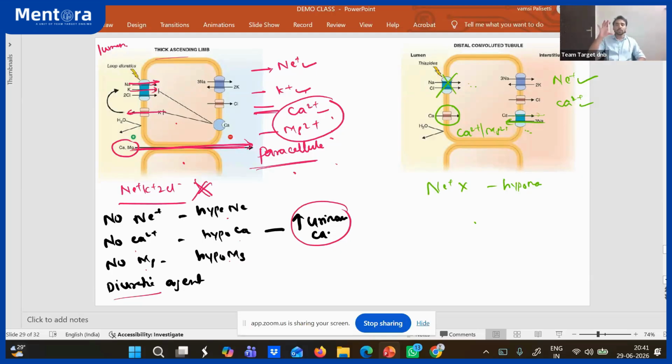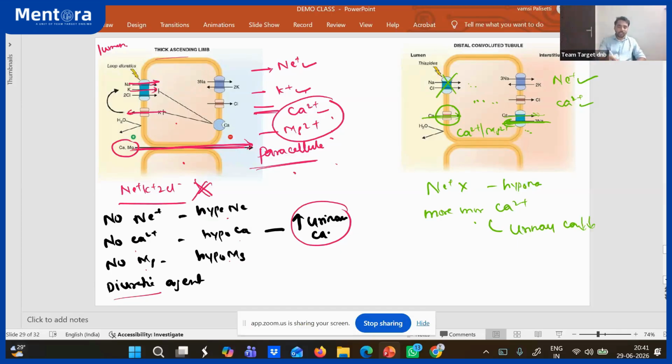So whenever there is no sodium absorption, the cell requires sodium for survival, so it will take sodium from the interstitium. In return, it will take the calcium out from the cell into the interstitium. So it will create a lacking of calcium in the cell. It helps in absorption of calcium into the cell. So there is more and more calcium absorption. Because there is more and more calcium absorption, your urinary calcium is very less. I hope it's clear.